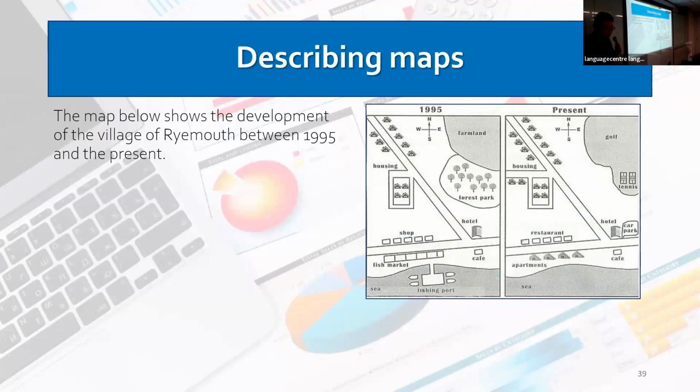Okay, maybe let me show you very quickly an example of a map description. It is actually a place. Well, you can see two maps here. It is actually a place in 1995 and its present state.